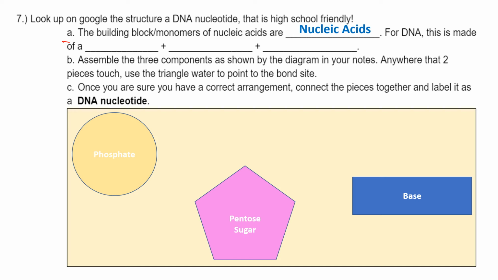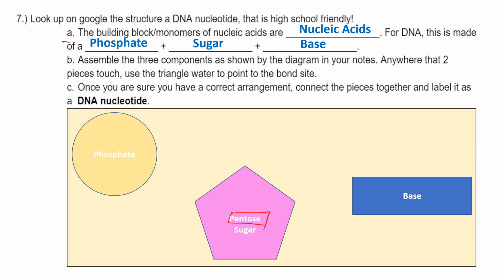And we're going to assemble a nucleotide. To make a nucleotide, you need to have three things. You need to have three components. The first one is a phosphate. Next, we have a sugar, specifically a pentose sugar. And the last one is a base, okay?